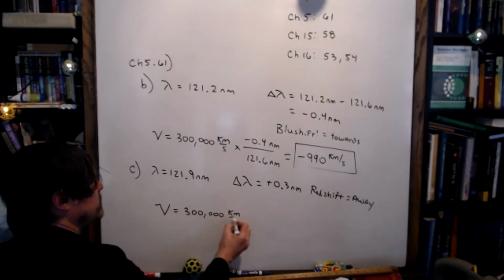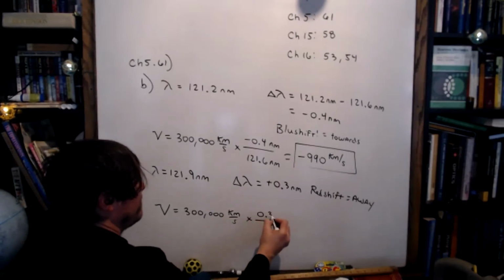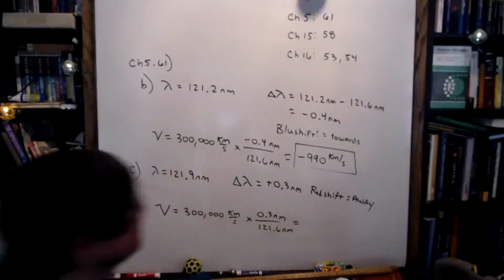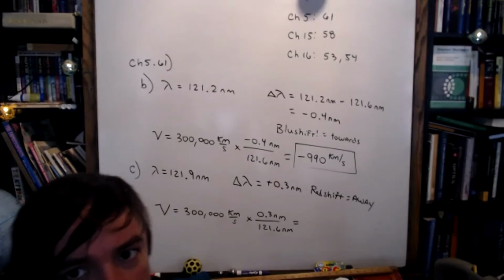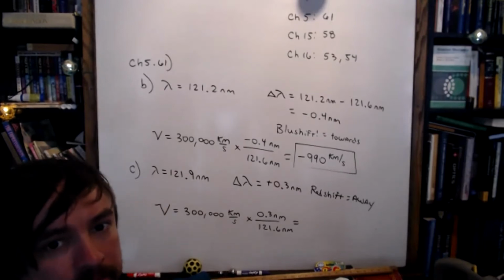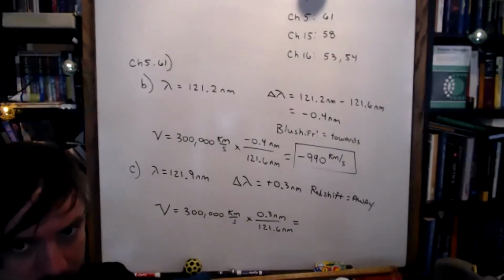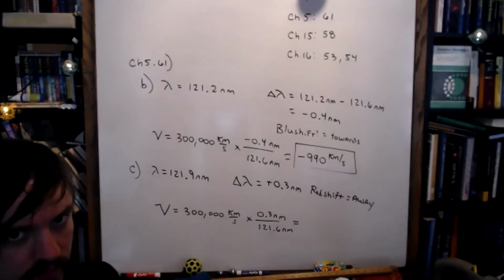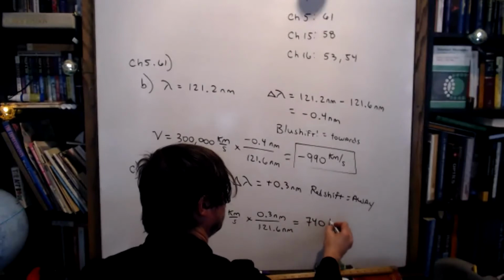300,000 kilometers per second times 0.3 nanometers over 121.6 nanometers. You guys do the honors. 740 kilometers per second.